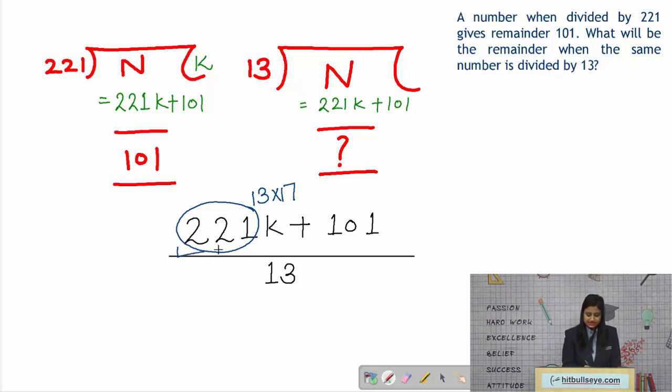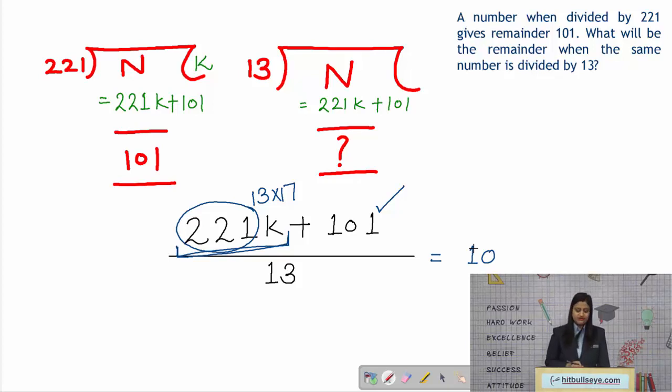So this complete expression will be divisible by 13. So it will give a remainder of 0. That's why we will take this 101 and divide it by 13. So what will be the remainder? It will be 10 because 13 sevens are 91. 101 when divided by 13 will give you remainder 10. No need to find k here. That's why our final answer will be 10.